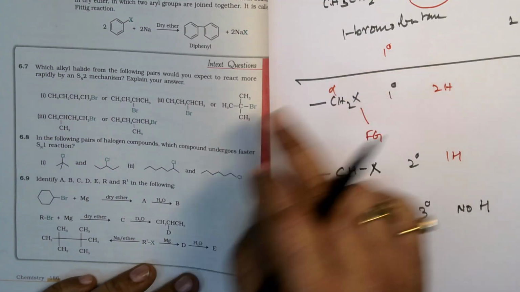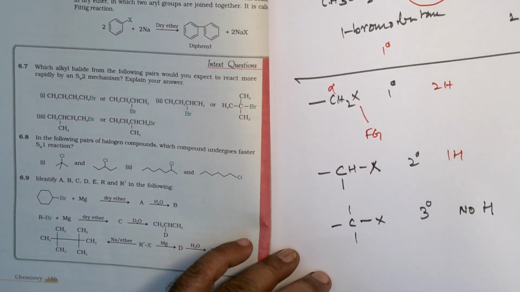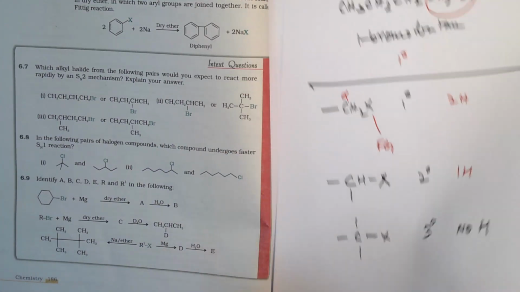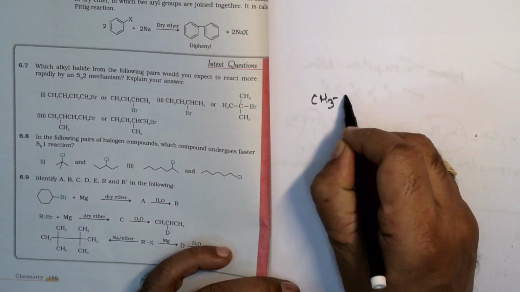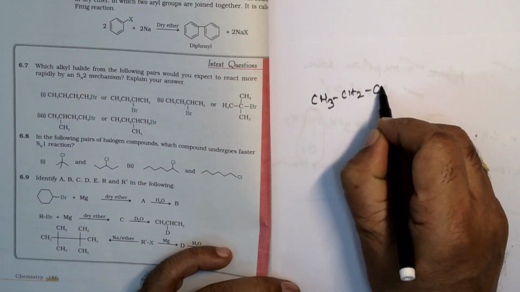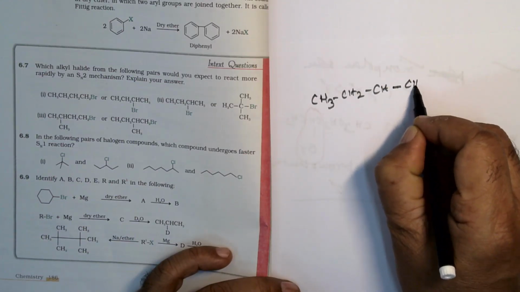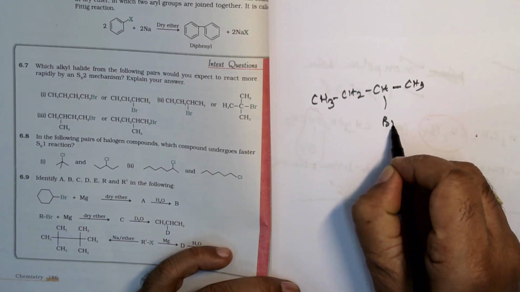Likewise, you can proceed. So let me check up the second one. CH3CH2CHCH3Br.